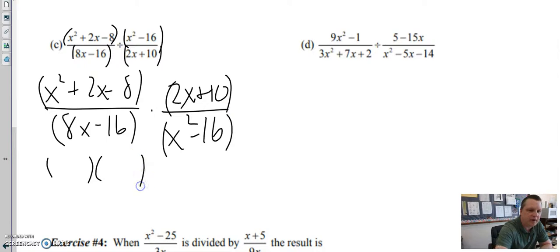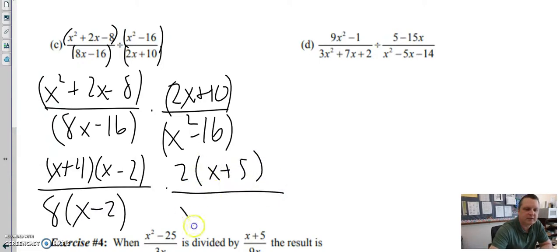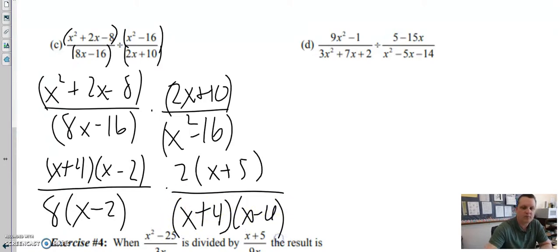So I have the top is x and x, positive 4, negative 2. Denominator, take out an x, I have an x minus 2. Times, take out a 2, I have x plus 5. X squared minus 16 is x plus 4, x minus 4.